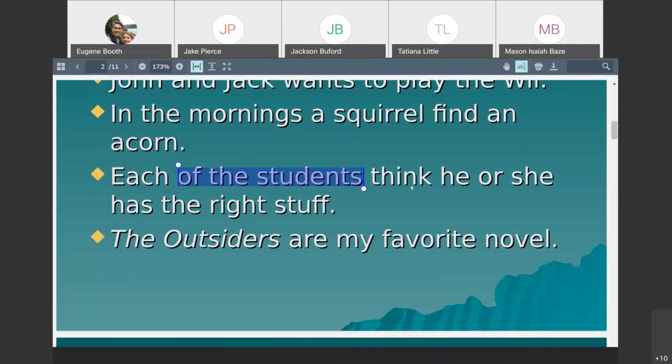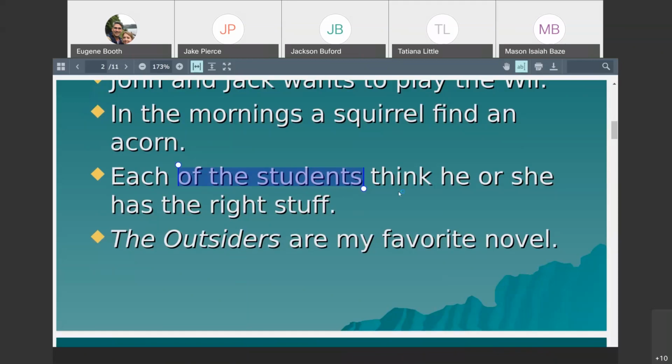What I can trust is the process. Okay? Now, each, thir. Is it always singular or is it always plural? Jake, help me out. Thir. Always singular or always plural? I think I can switch.